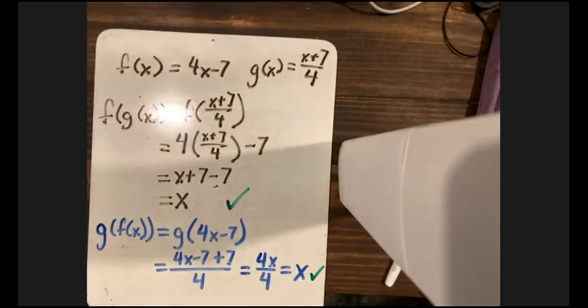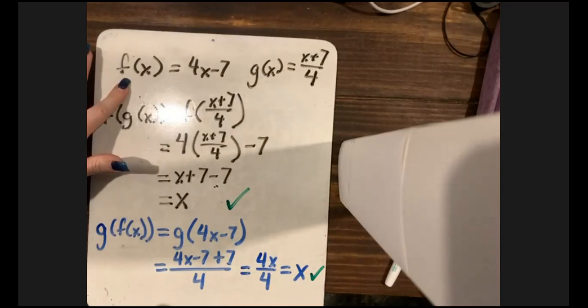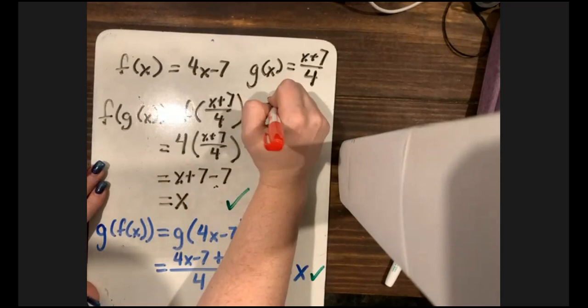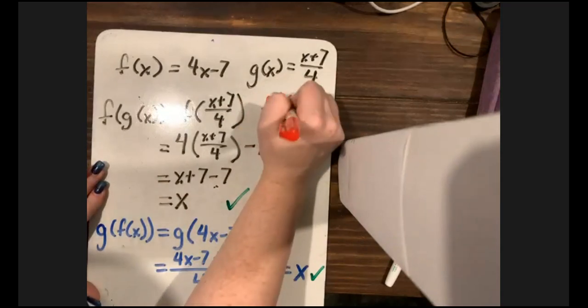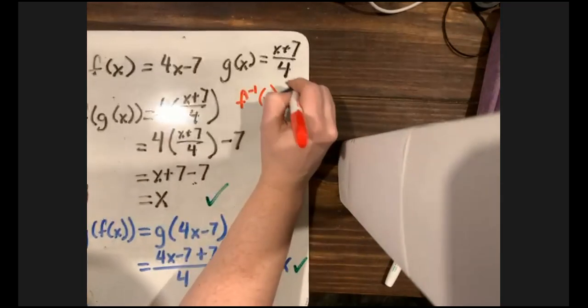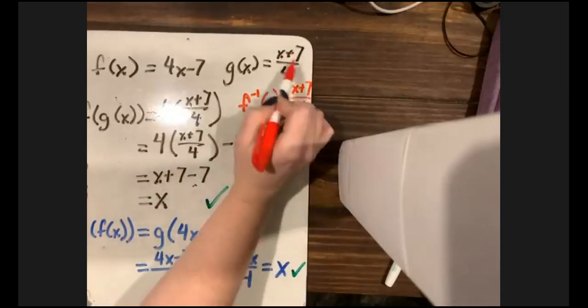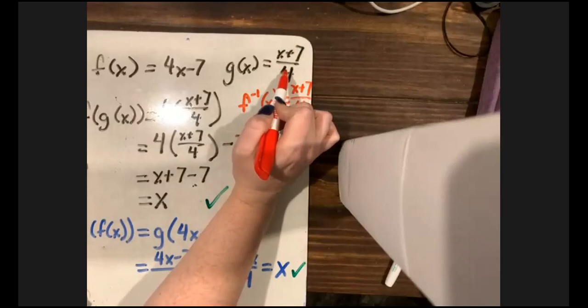Now, we could write this as g inverse, but traditionally we let f of x stay. So f inverse is x plus 7 over 4. Notice, I'm not changing the equation in any way.